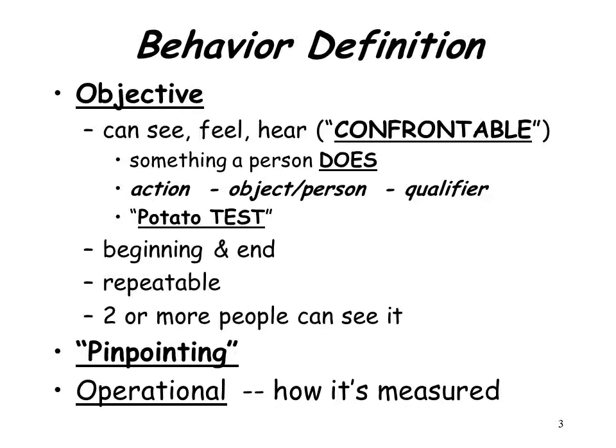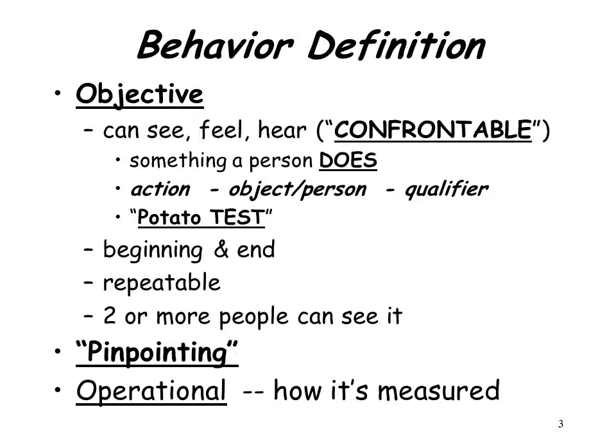The format that we'll use that makes that easier is action, object or person, and then a qualifier sometimes. The focus is on action object. The action is what's being done. The object or person is the receiver of the action.